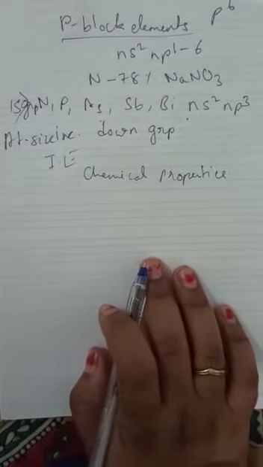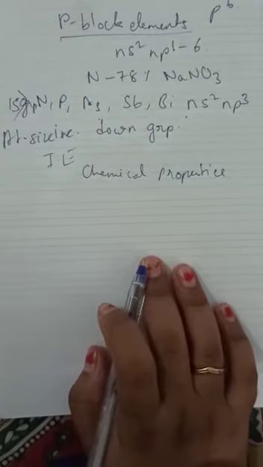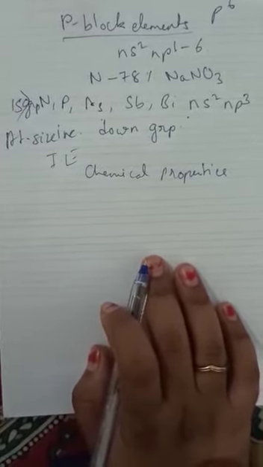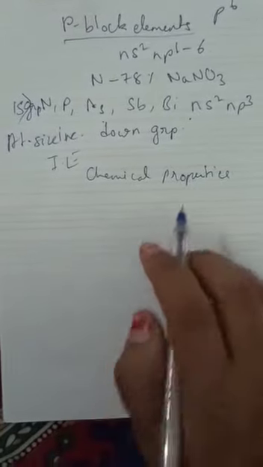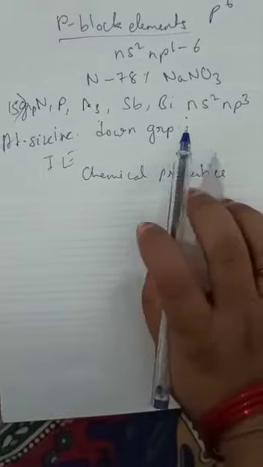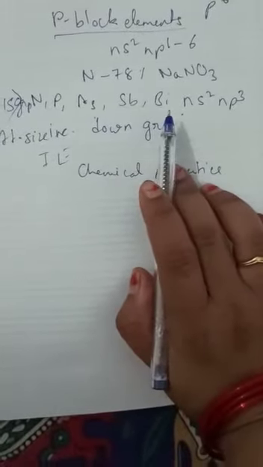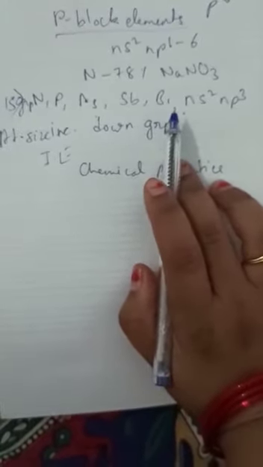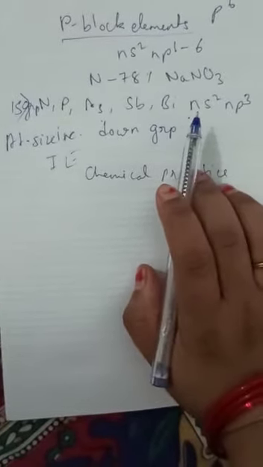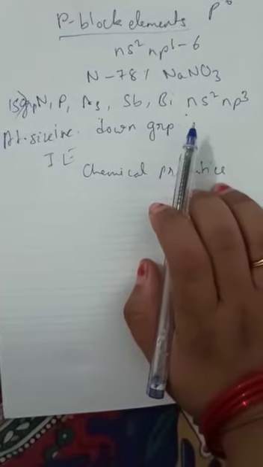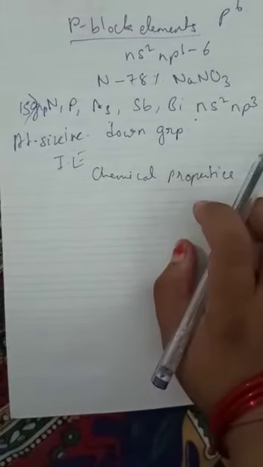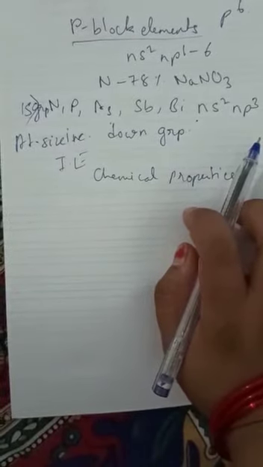Also students, in case of the 15th group elements, the size of the atom, as we discussed here, increases top to bottom in a group, but from arsenic to bismuth there is a very little increase observed. This is due to the presence of the d and f orbitals. As you know that d and f orbitals have the poor shielding effect, so that is why there is a little increase in the size of the atom.